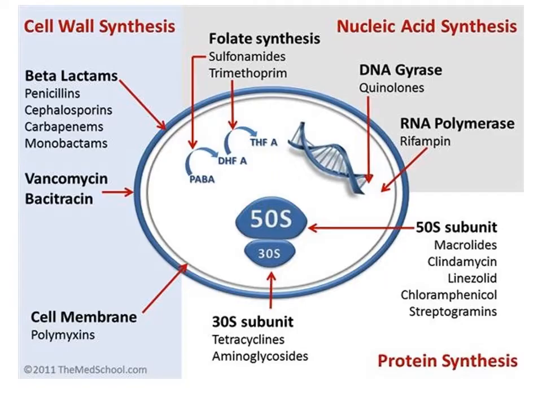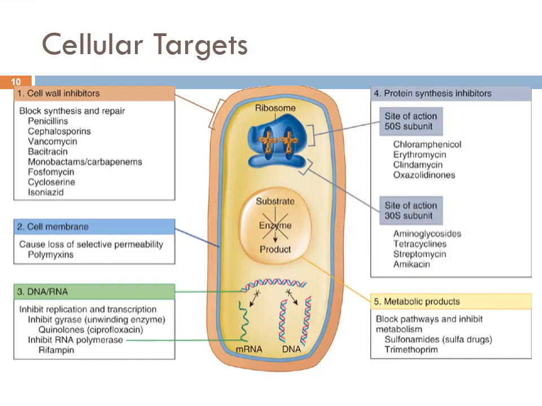The fifth group of mechanism of action is the competitive inhibitor for an essential metabolite, where folate synthesis, an essential metabolite for the bacteria, is interrupted, and this will lead to inhibition of the bacterial cells. This is the fifth mechanism of action of antimicrobial agents.